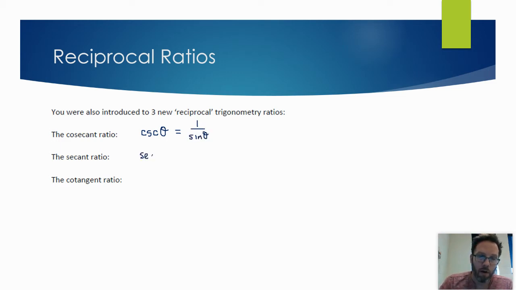The other 2 corresponding ones to cosine and tangent are the secant ratio, which is 1 over cosine, and the cotangent ratio, COT theta, which is 1 over tangent. Again, everything we've done so far, we are just reviewing some grade 11 ideas.